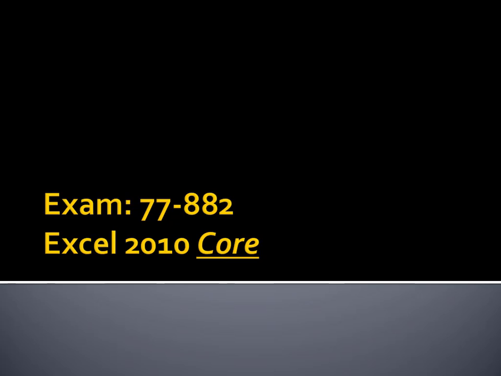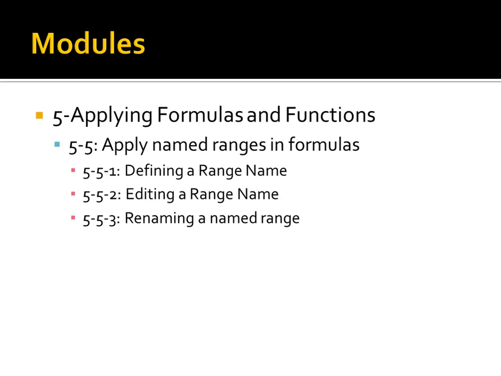In this video, we are studying the requirements for exam 77-882 Excel 2010 Core. The modules that we will be looking at for this video are Module 5, Applying Formula and Functions, with 5-5, Applying Named Ranges in Formulas.